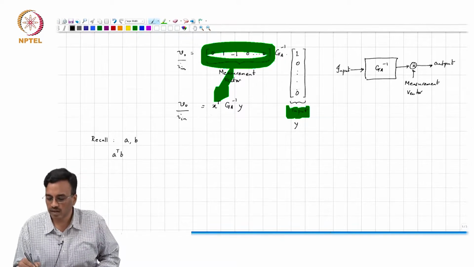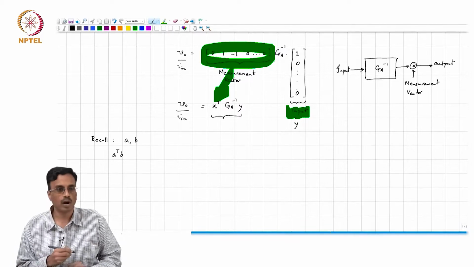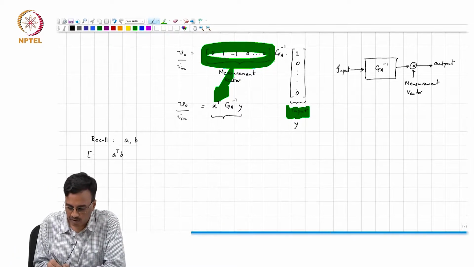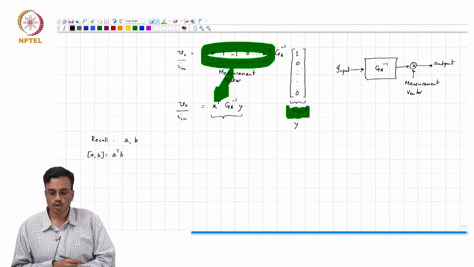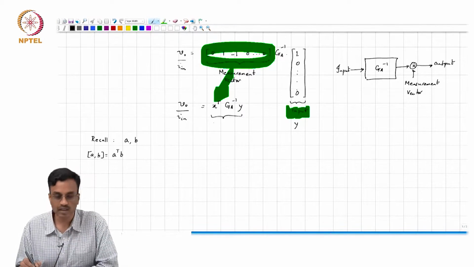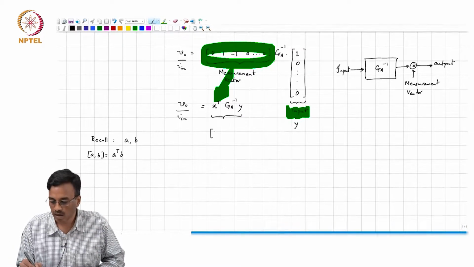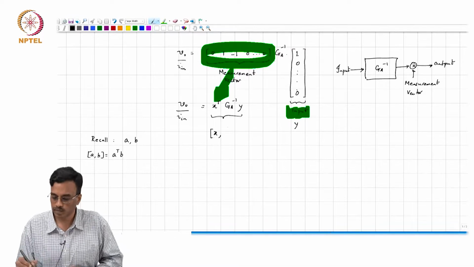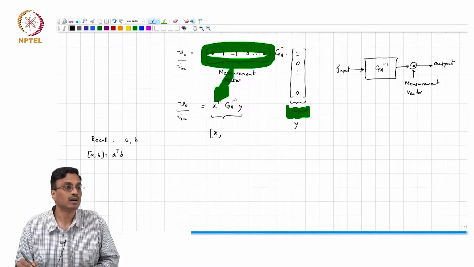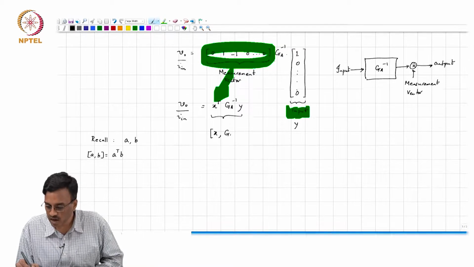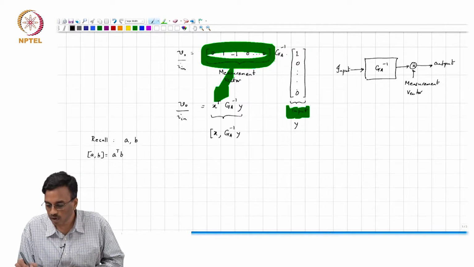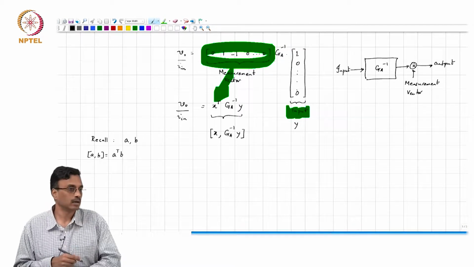And you look at this here, and this is the notation for dot product. So, how can you write this? This is nothing but X comma G_A inverse times Y, all right.